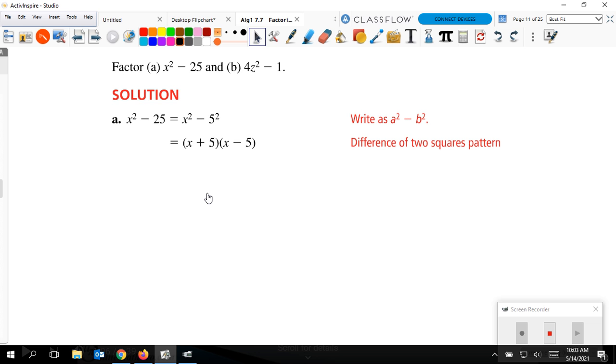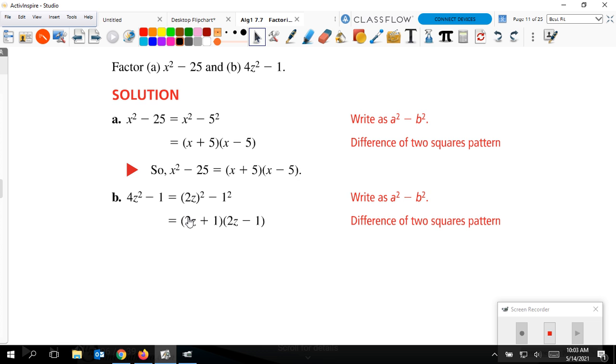So we see what we need to multiply by itself to get 4z squared. In this case, it's 2z times 2z. So that goes up in front. 2z times itself gives you the 4z squared, and then 1 times 1, with 1 plus and 1 minus. It's always 1 plus and 1 minus. They have different signs because it is a difference of two squares.